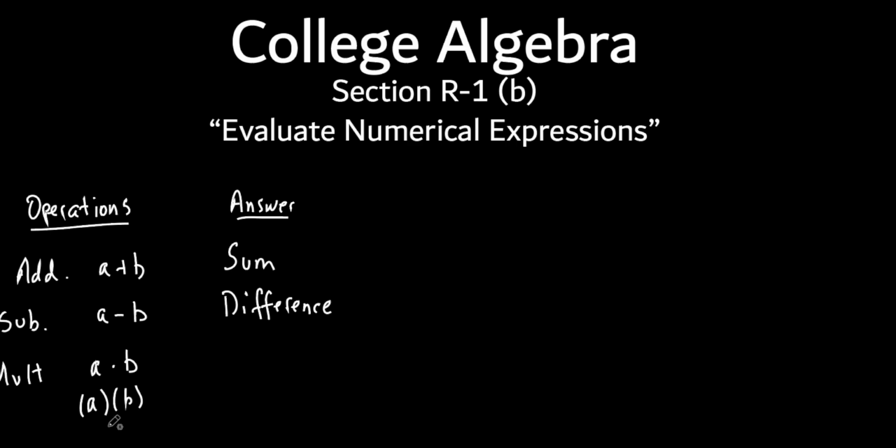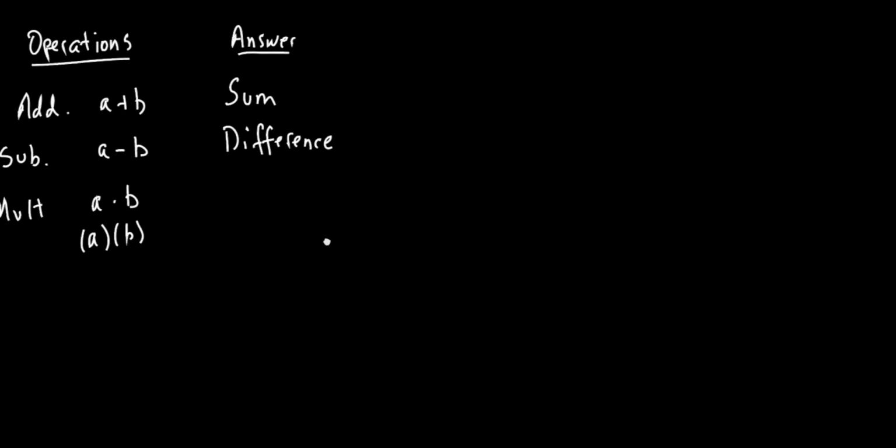You could have one of them in parentheses and one not. That's another way to show multiplication. Or you could just have the two letters right next to each other. If there's no dot or there's nothing in between, what does that automatically mean? It means multiplication. Okay? What's the answer to a multiplication problem called? Product. Very good.